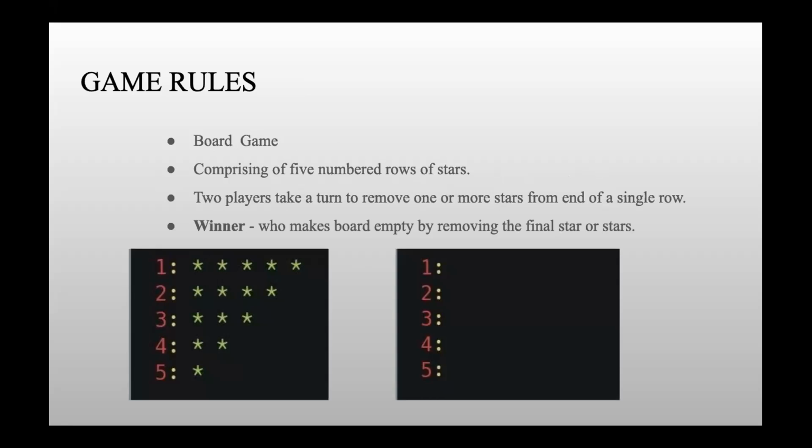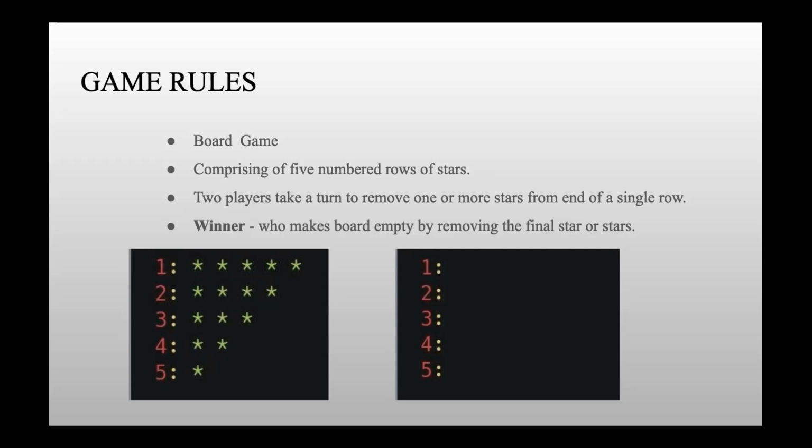So the rules of the game: it's a board game and it comprises five rows, each having a certain number of stars. Each player takes a turn and can remove one or more stars from a particular heap or row.